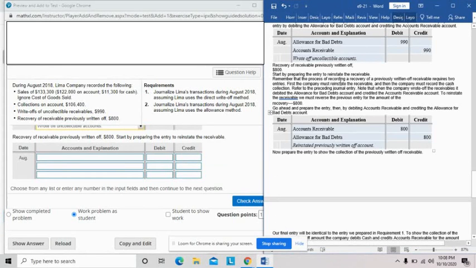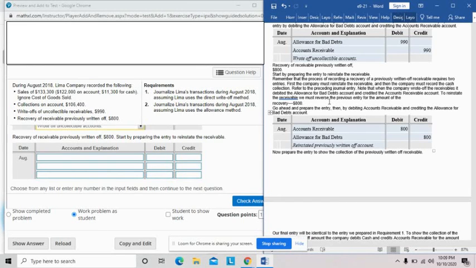Remember that the process of recording a recovery of a previously written off receivable requires two entries. First, the company must reinstate the receivable, and then the company must record the cash collection. Refer to the preceding journal entry as we did before. Note that when the company wrote off receivables, it debited the allowance for bad debts account and credited the accounts receivable account.